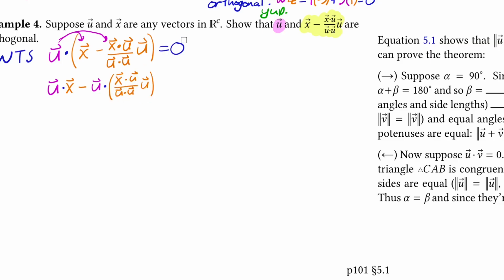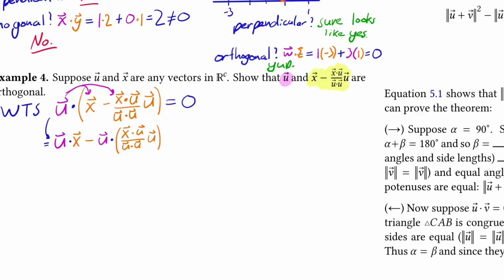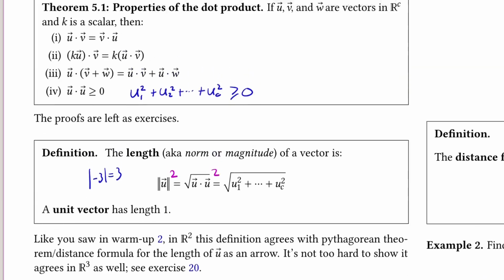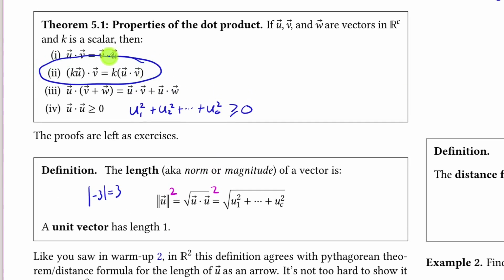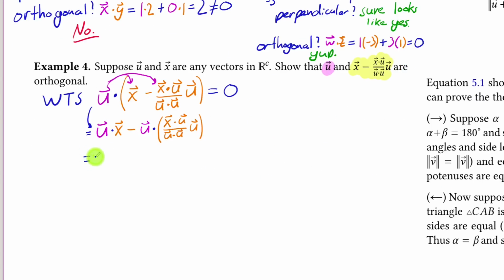Oops, I wrote the 0 vector, but the dot product is just a number, so we want to get the 0 number from this. At this point, remember these dot products are scalars, so we can take the scalar out, which was property number 2 here.